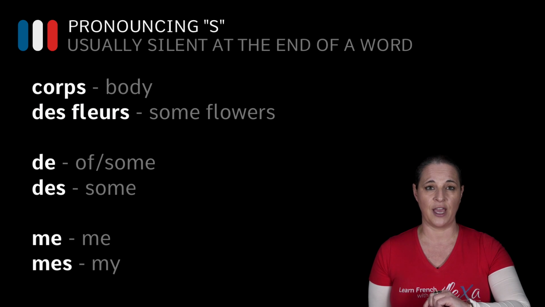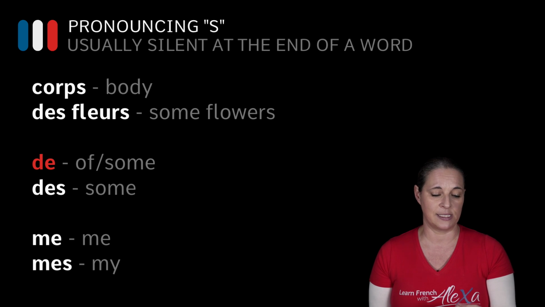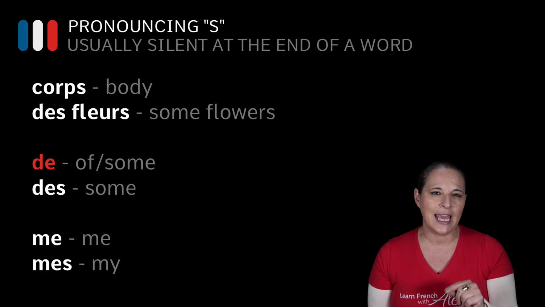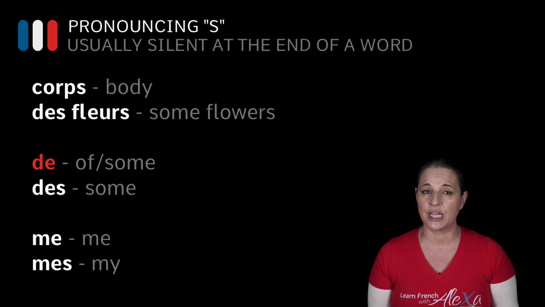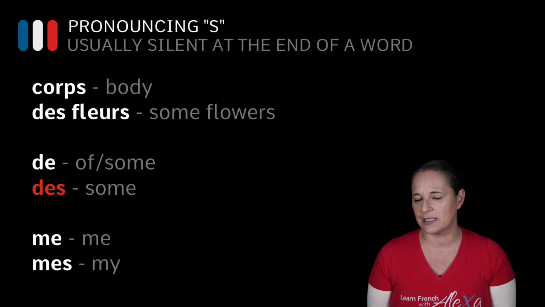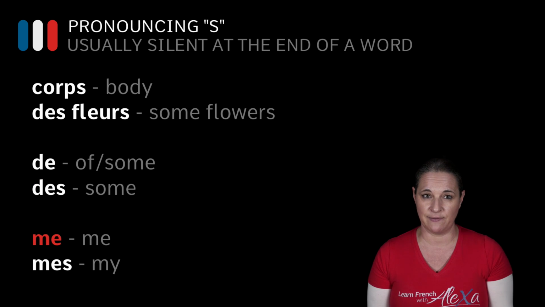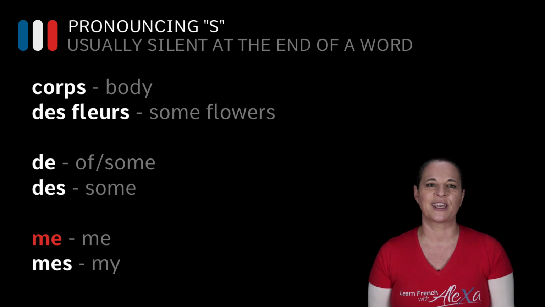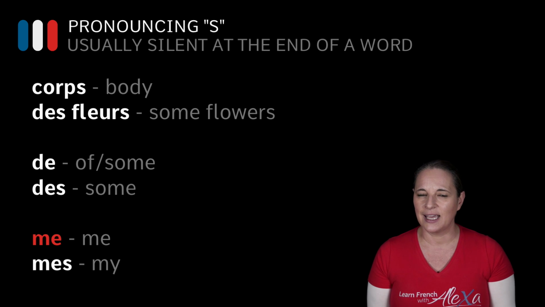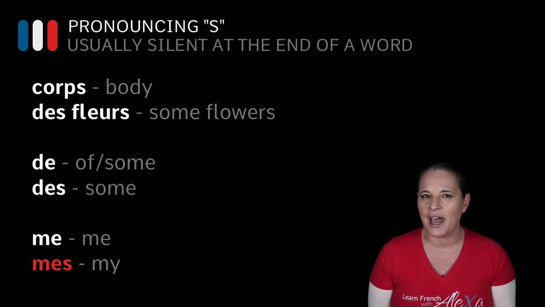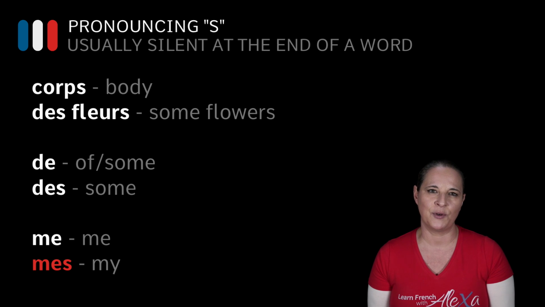So, for example, if you have de, which means of, some, in a singular form, if you add an S to it, suddenly the sound changes. De, which means some. You will find that in me as well, the reflexive pronoun, which is me, okay? But if you add an S, it sounds different, and it becomes mes, the possessive adjective plural.